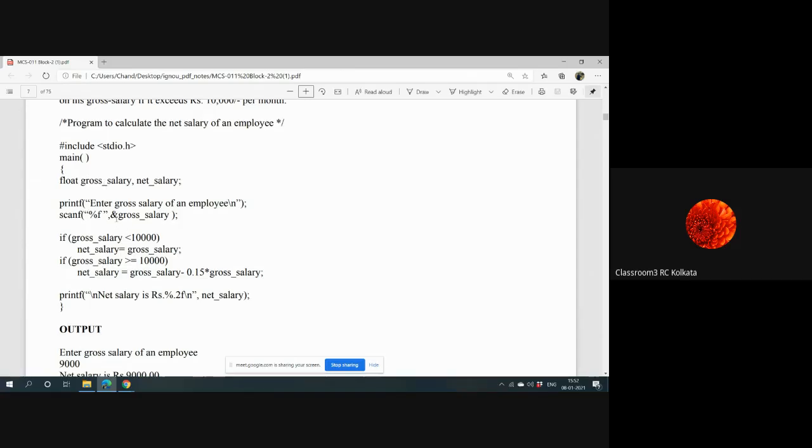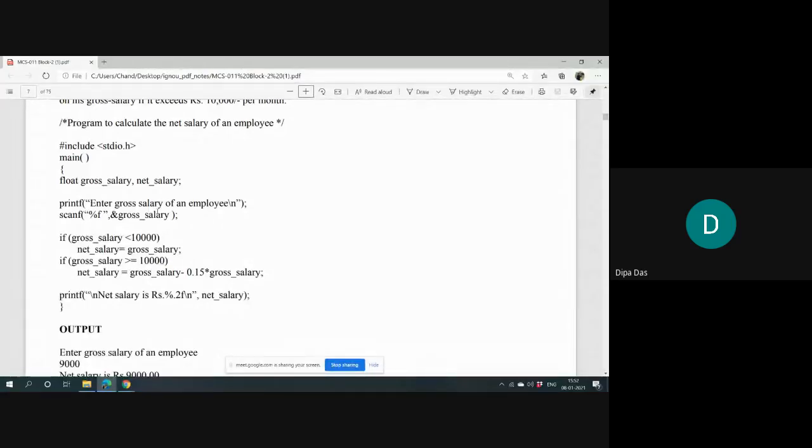Suppose we are taking gross salary 20,000. By this scanf statement, we type 20,000 from the keyboard, and the value will go to the gross salary variable's address and be placed there as its value.